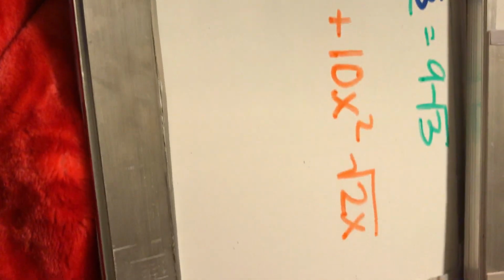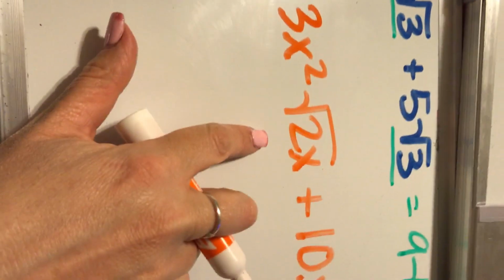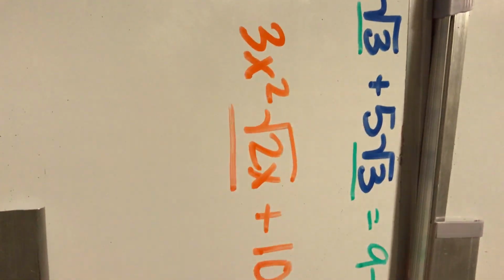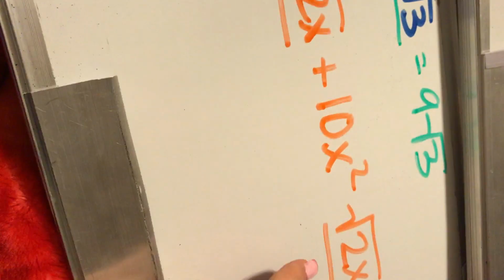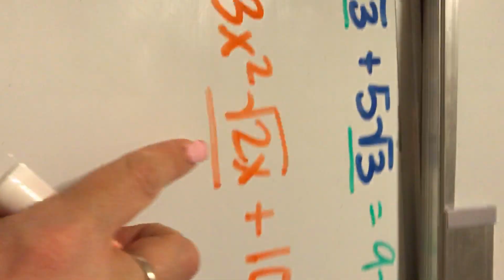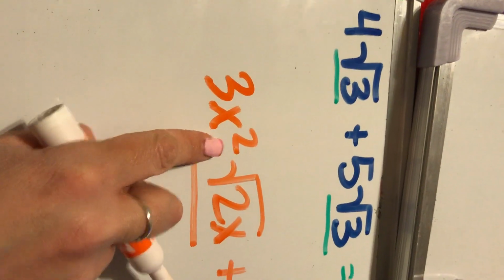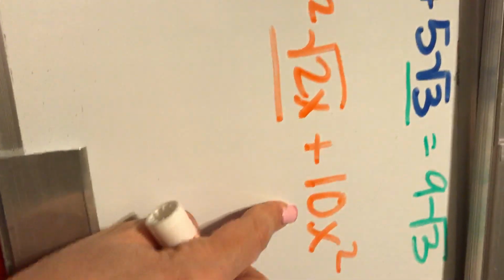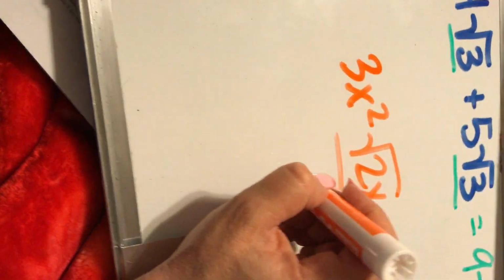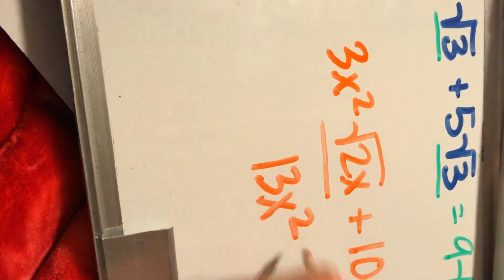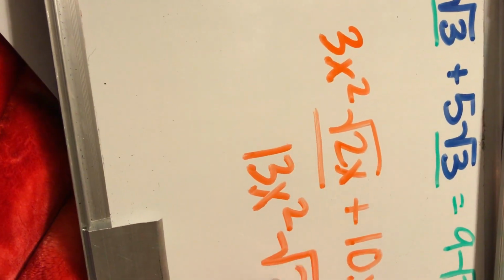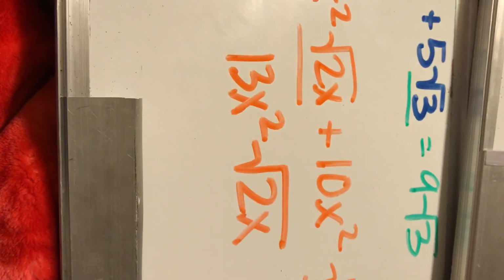Now if we look at what we have here, we have like radicals. We have square root 2x, square root 2x. This one is 3x squared plus 10x squared. So that'll give us a sum of 13x squared square root 2x.